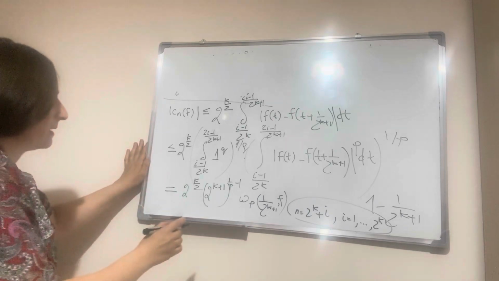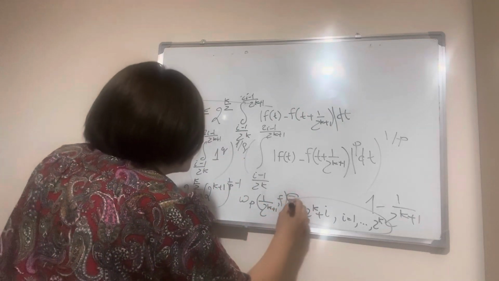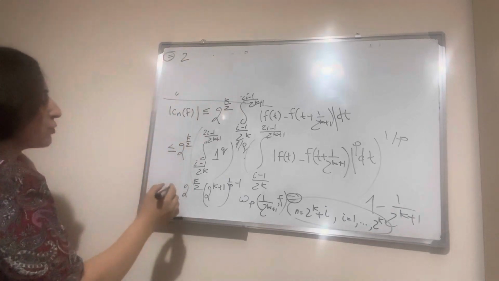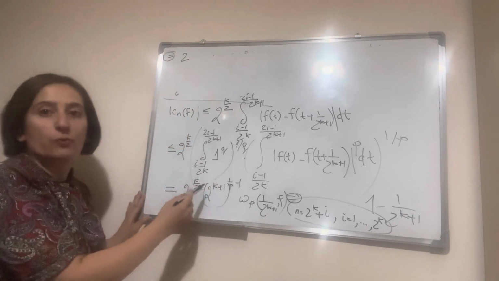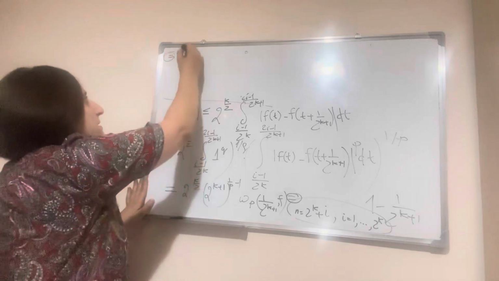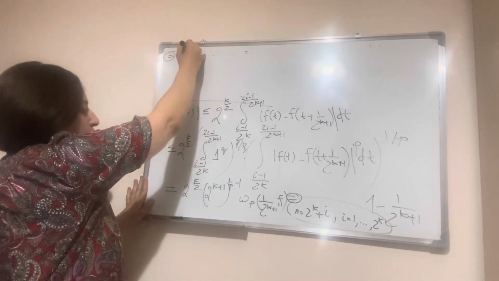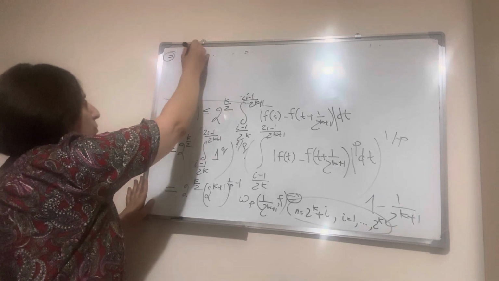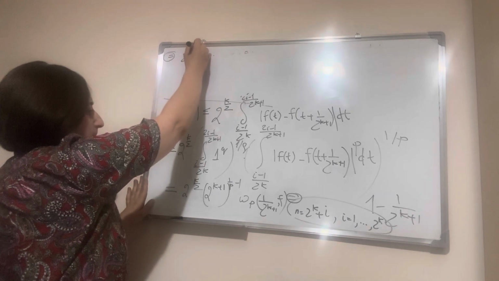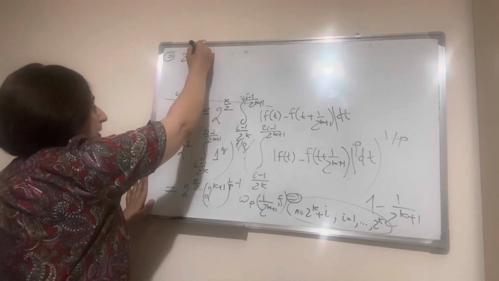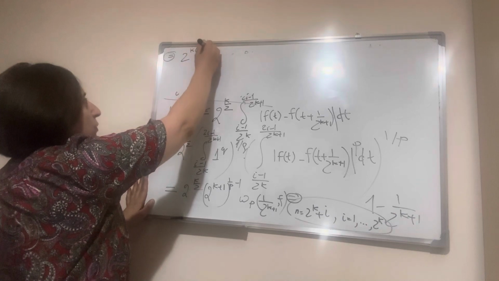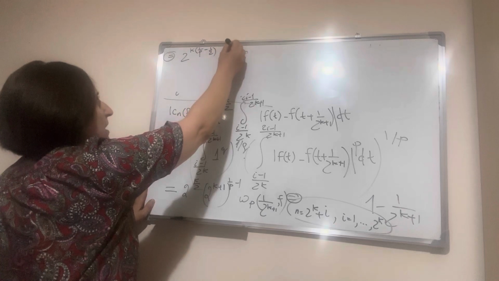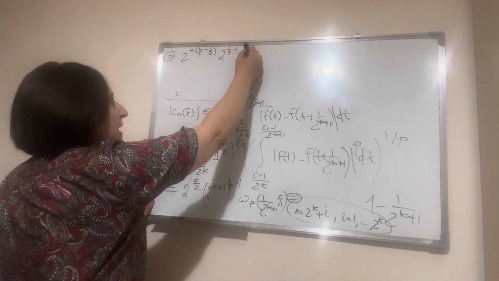And then this equals 2^k times (1 over p minus 1) plus k over 2, that is 2 raised to k times (1 over p minus 1 over 2), and then 2 raised to 1 over p minus 1, and then omega p.